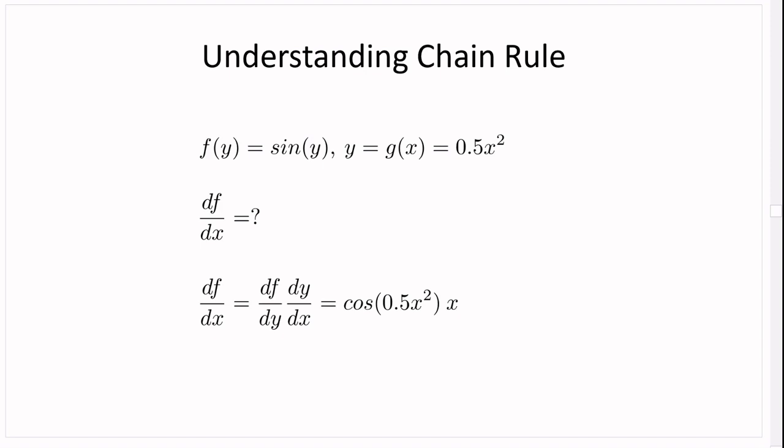So if you were to calculate df by dx, that is how much f varies when x varies, or how f is influenced by x, then df by dx can be calculated as df by dy times dy by dx. And for the given expressions for f and g, this turns out to be cosine of 0.5 x squared times x.